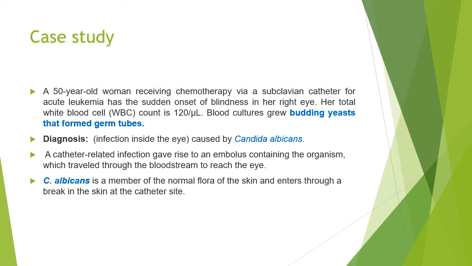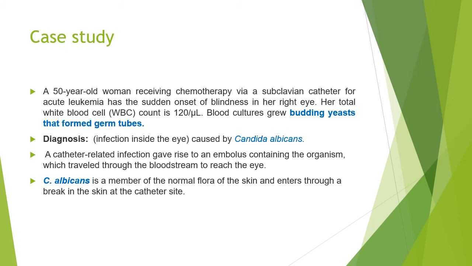I have also mentioned a similar case in practical slides, but I'm going to give you this example again. It's a 50-year-old woman who receives chemotherapy by a subclavian catheter, which means in the central line. She was receiving treatment for acute leukemia, and then she had a sudden onset of blindness in her right eye.